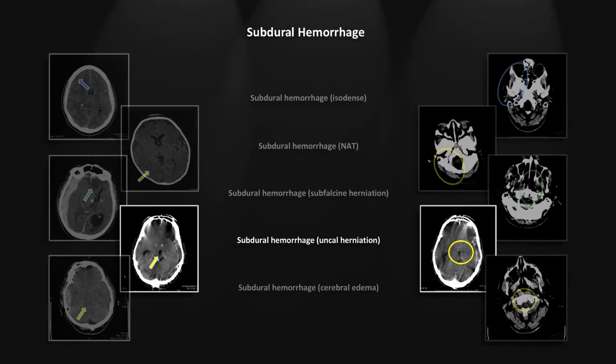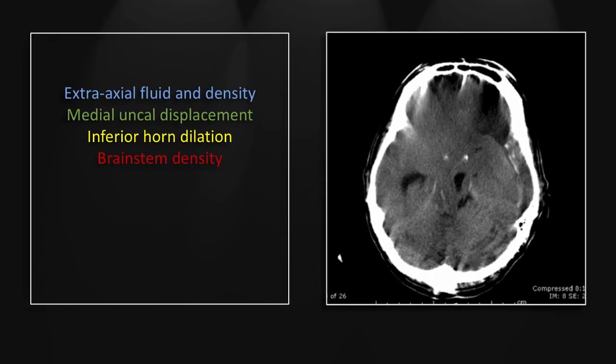Our next case is of subdural hemorrhage with uncal herniation. This is a large extraaxial fluid collection which is predominantly hypodense. There is a small focus of hyperdensity consistent with an acute on chronic subdural hemorrhage.